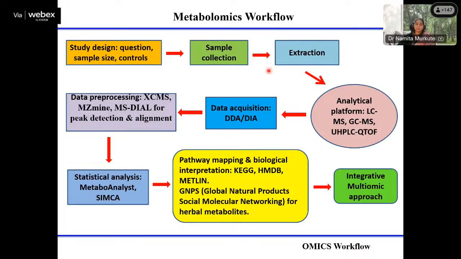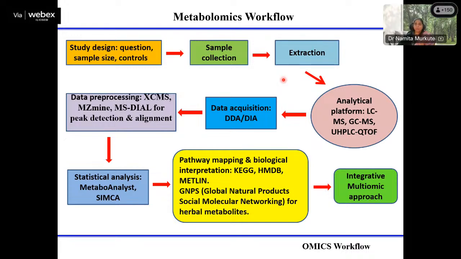And then extraction, as we have discussed. In case of metabolomics or metabolome extraction, mostly when you are going to the GCMS, GC means gas chromatography, mass spectrometry. Till now, we have discussed the LCMS technology. This is a very commonly used technology, LCMS.